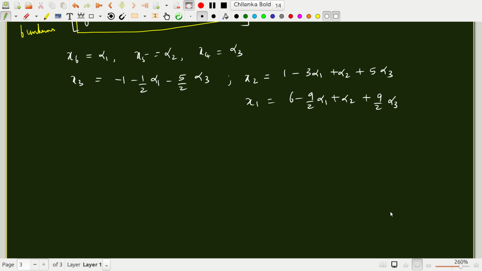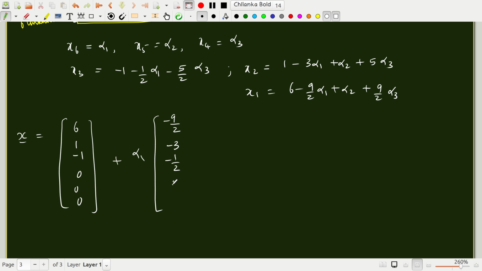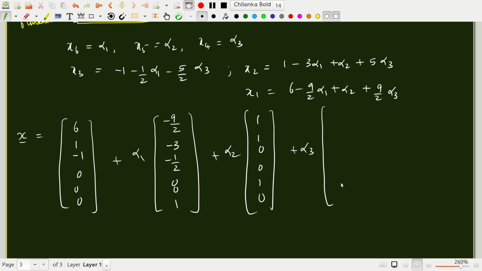If I were to write this in matrix form, then x is 6, 1, minus 1, 0, 0, 0, plus alpha 1 times minus 9 by 2, minus 3, minus half, 0, 0, 1, plus alpha 2 times 1, 1, 0, 0, 1, 0, plus alpha 3 times 9 by 2, minus 5 by 2, 1, 0, 0.